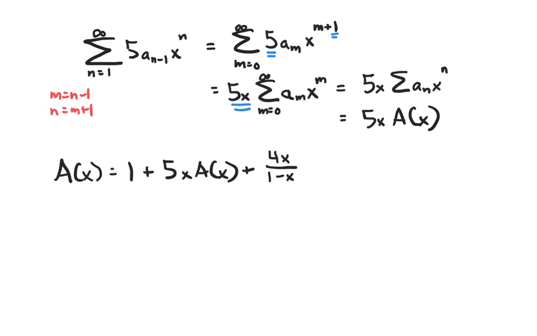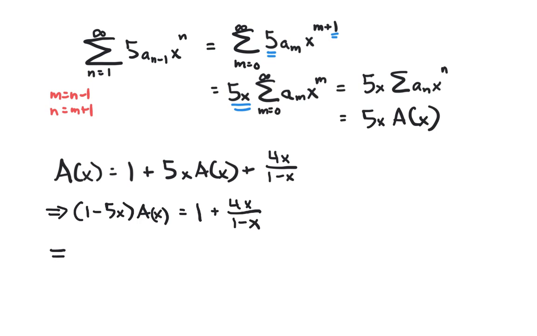So we get (1 minus 5x) A(x) equals 1 plus 4x over 1 minus x.